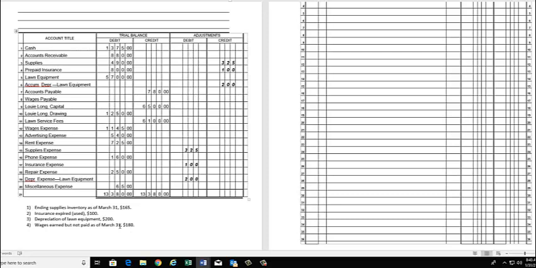So March 31st might have been, say, on a Wednesday, and we're going to pay them on a Friday, but we owe them for Monday, Tuesday, and Wednesday, so we need to show what we owe. So once again, we're going to debit our expense account. This is wages, so we'll find wages expense and debit that account. And since we owe these wages, we're going to credit wages payable.